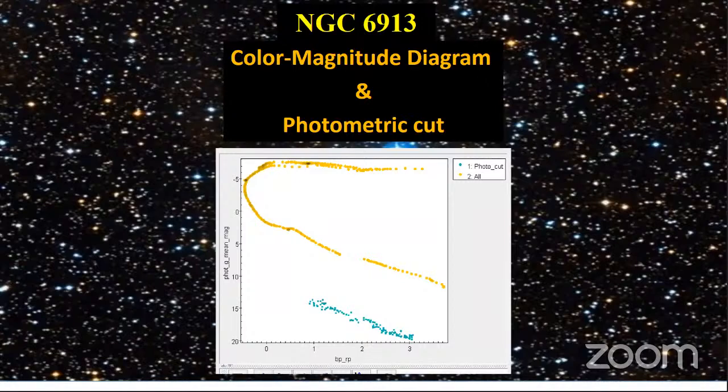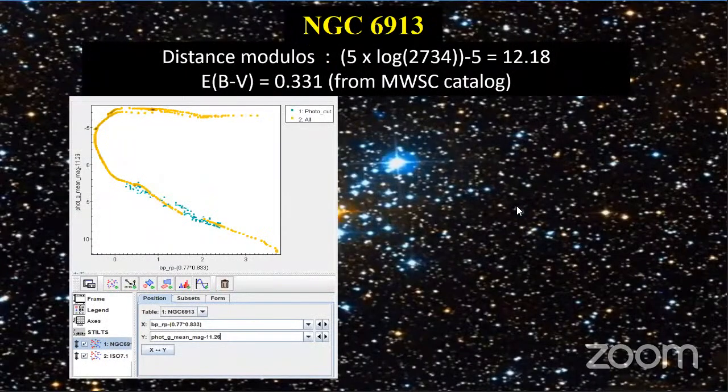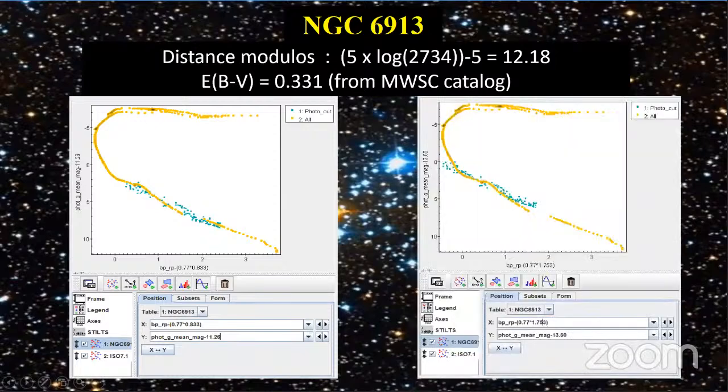This is what I got with the initial values for distance modulus and reddening. This is after the final tweaking, which is not very accurate, but still the best I could do here. Then I found these values.